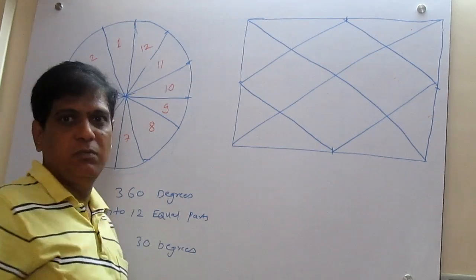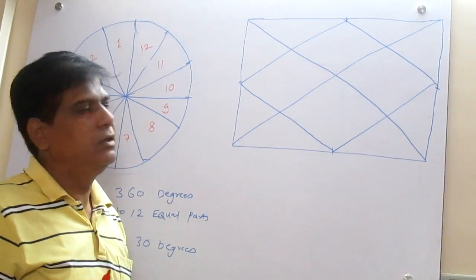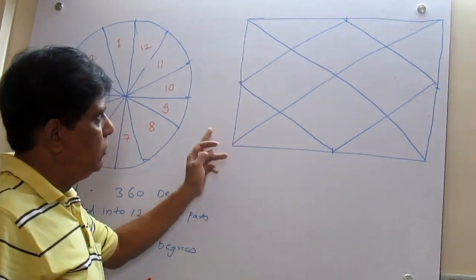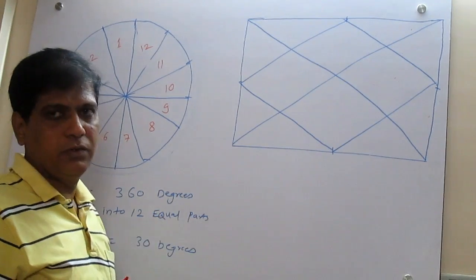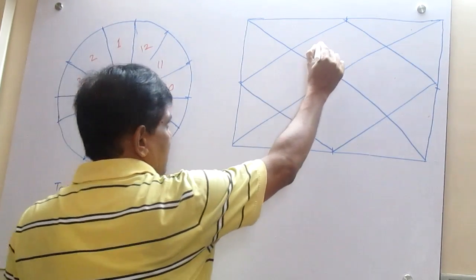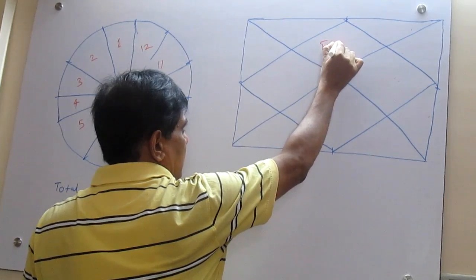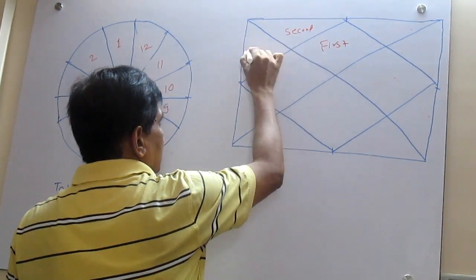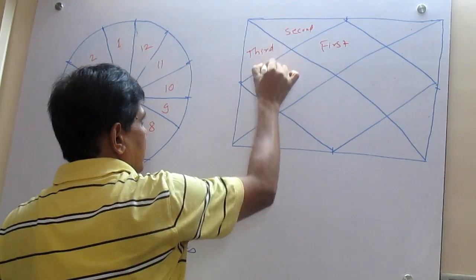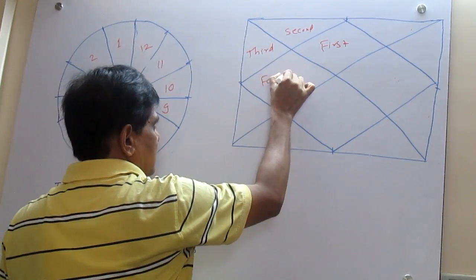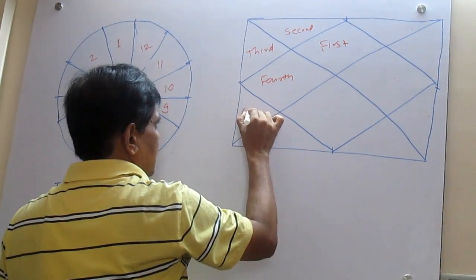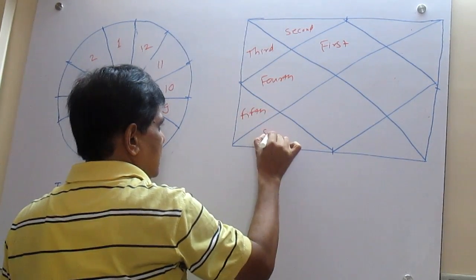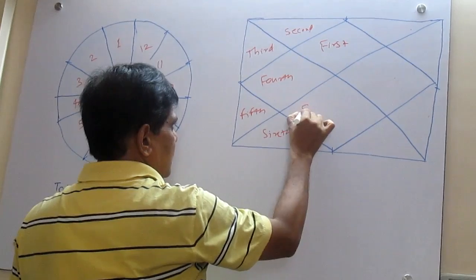This figure shows the basic skeleton of the birth chart, and we have to go in the anti-clockwise direction, starting from the first. This is the first house. This is second house. This is third. This is fourth house. This is fifth house. This is sixth. This is seventh.